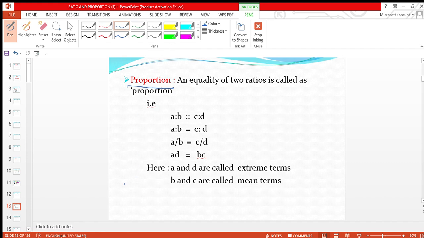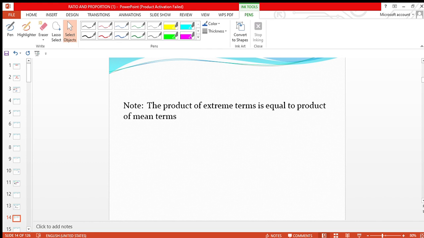Note, the product of extreme terms is equal to the product of mean terms.